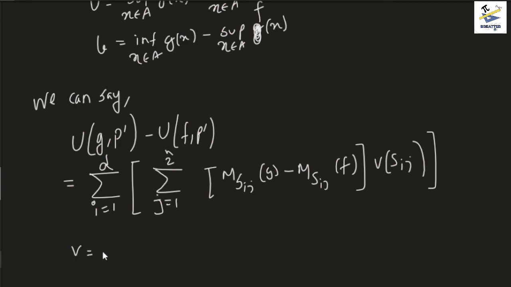And here obviously v is the supremum of s belonging to p prime of v of s.